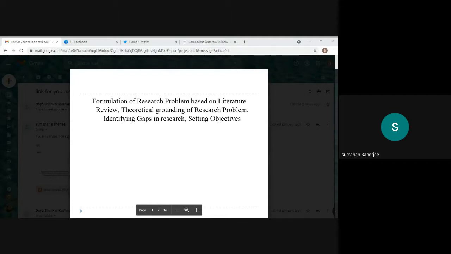So the book starts with certain research questions. But the framing of that question is a bit different, not in an interrogative manner.